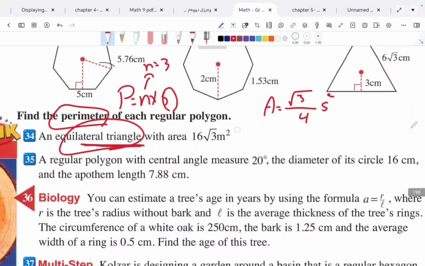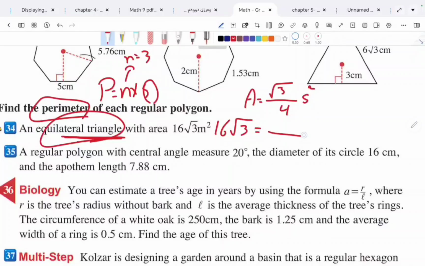Area is given, which is 16 square root of 3 equals the square root of 3 out of 4 s power 2. Okay, as you can see, how can I solve it? How to get rid of s power 2? Just use cross product.